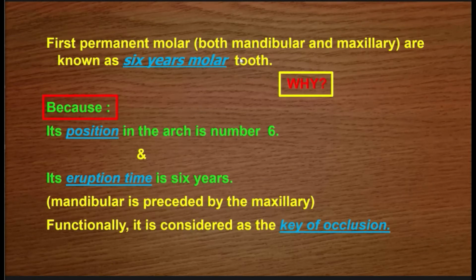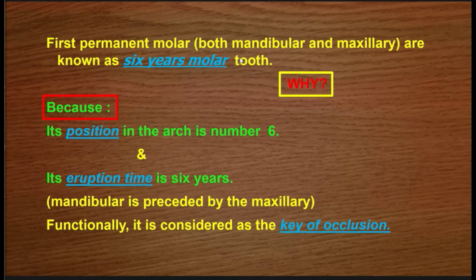So the space for deciduous A, B, C, D, E is now limited for the permanent central incisor, lateral incisor, canine, premolar, and molar. These 5 teeth must make their space by removing the 5 deciduous teeth. They cannot have much more space because one big tooth is already behind them.